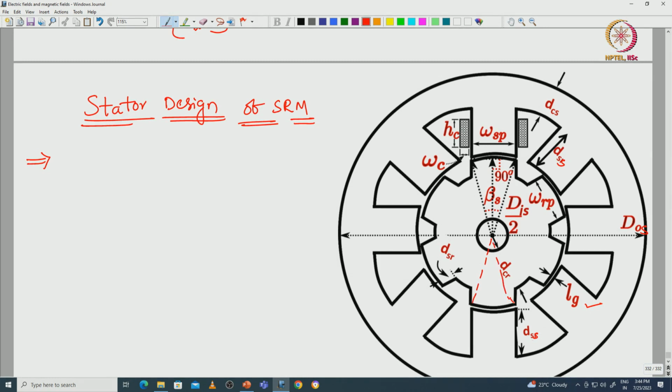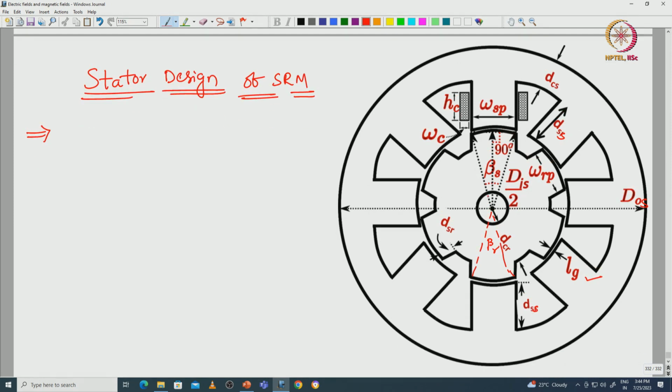And inner diameter of the rotor is nothing but shaft diameter, that is dir, and outer diameter of the rotor is d0r. d0r is equal to dis minus 2 Lg, 2 times the length of air gap.